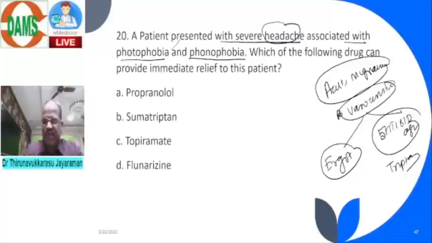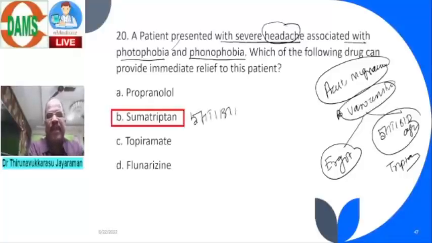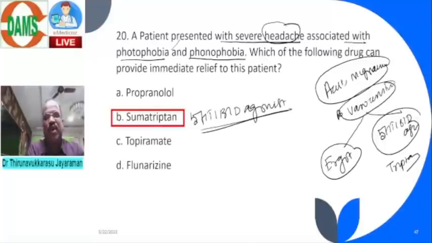Very simple. Sumatriptan, a 5-HT1B/D agonist, is a vasoconstrictor. That's a wonderful choice for this question. Whereas propranolol, topiramate, flunarizine are all useful for migraine prophylaxis, not for treatment of acute migraine.